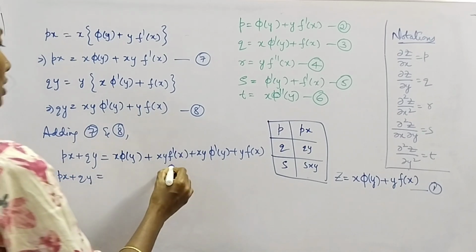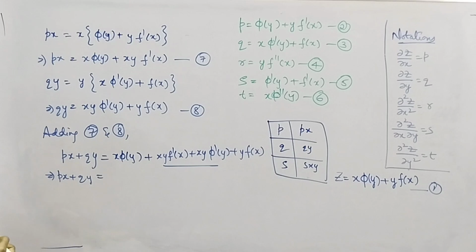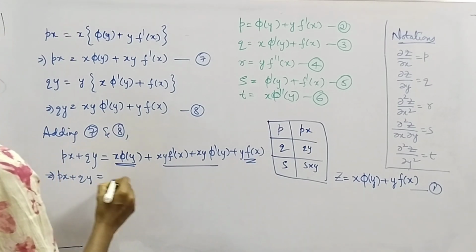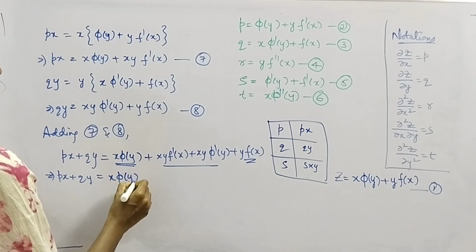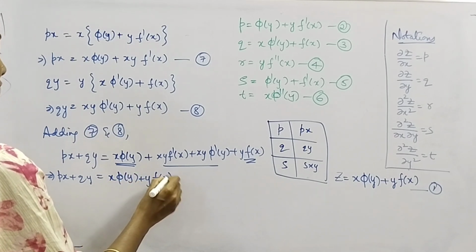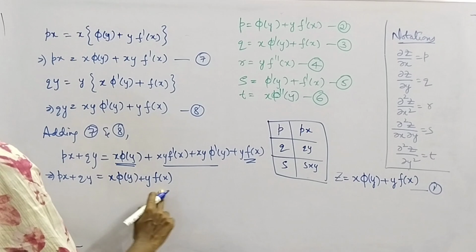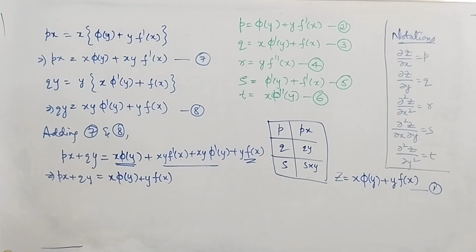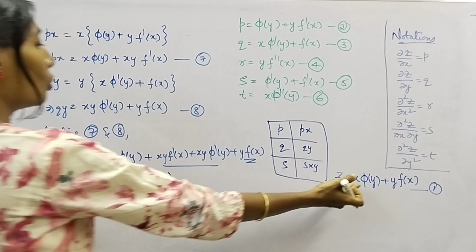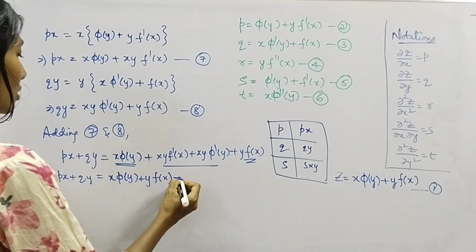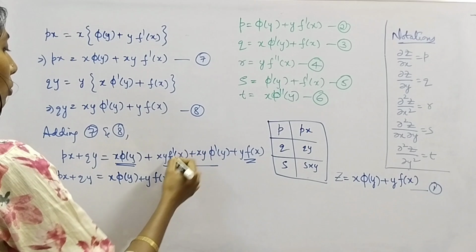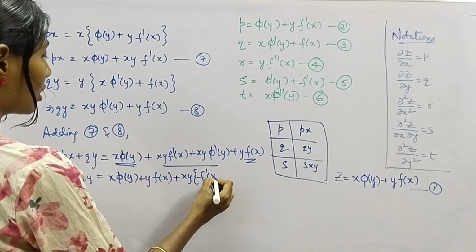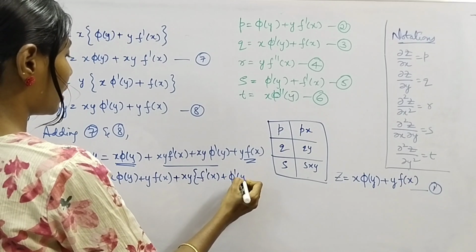Fine. Now let's take xy common from these two terms and let's write these two together: x into phi of y plus y into f of x. We have seen this somewhere, right? Which is in z equal to x into phi of y plus y into f of x. Let it be. Plus, now let's take xy common from these two terms. We'll get xy times f dash of x plus phi dash of y.